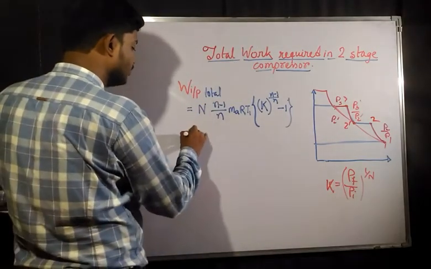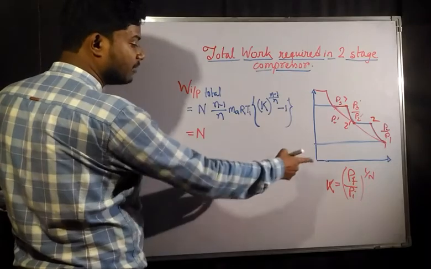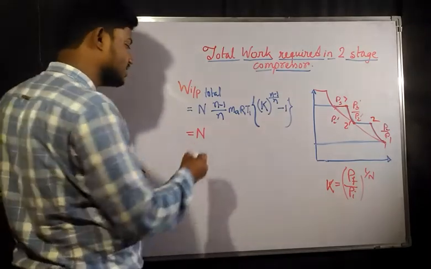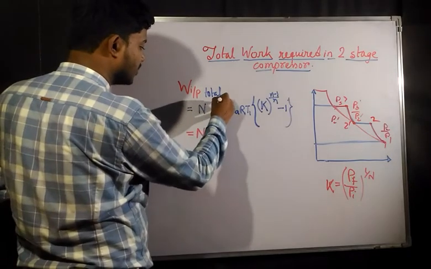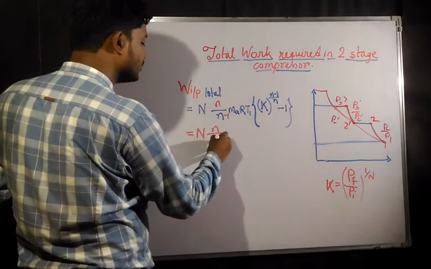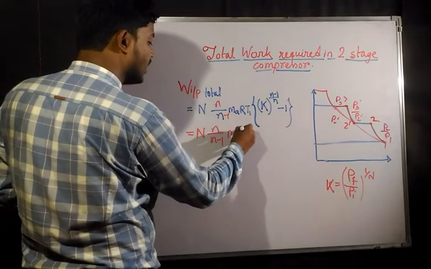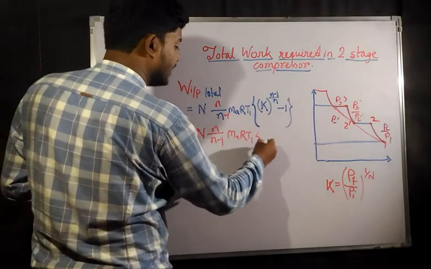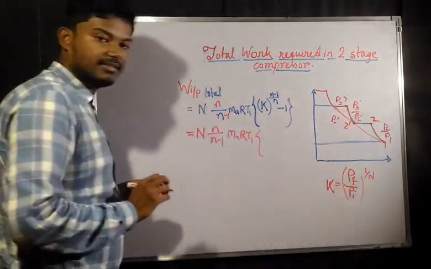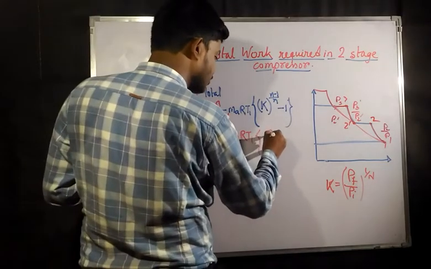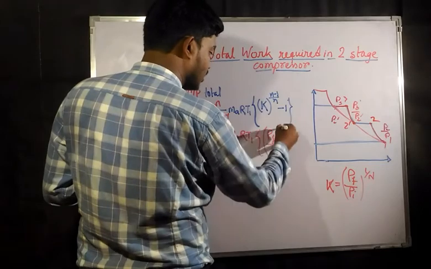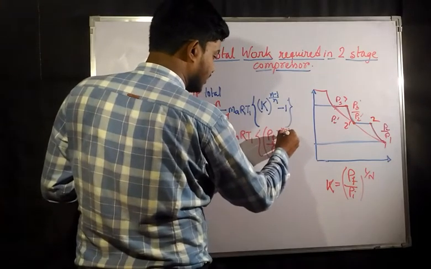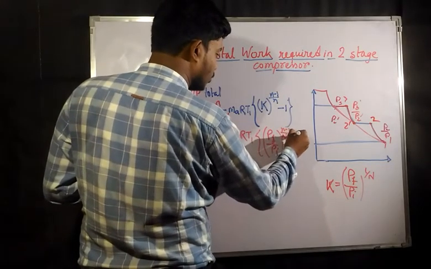So in this formula, if you replace K by P final by P initial to the power 1 by N, the formula has n by n minus 1 into m into R into T1, and in place of K you are writing this. That means Pf by Pi whole to the power n minus 1 by capital N into small n.